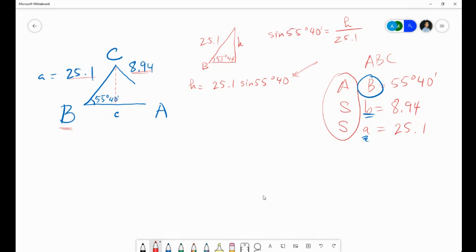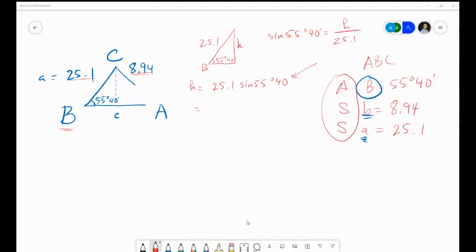All right, what do we get for height? Anybody? What's taking so long to type it in?